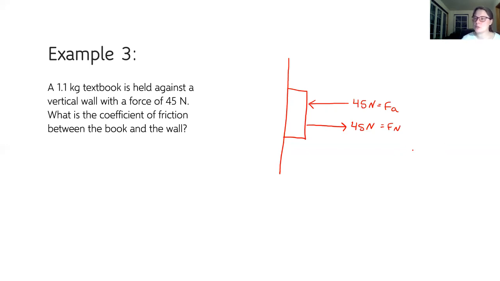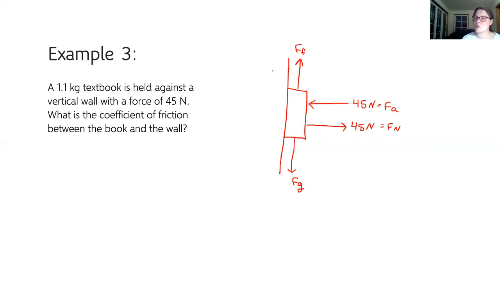Okay? Now, what force is friction fighting? If this book was going to move, what would cause it to move? Well, in this case, gravity would pull it down, which means the force of friction must be up. Because it can't go into the wall, and friction is for sliding along a surface, so it has to be in the vertical direction.